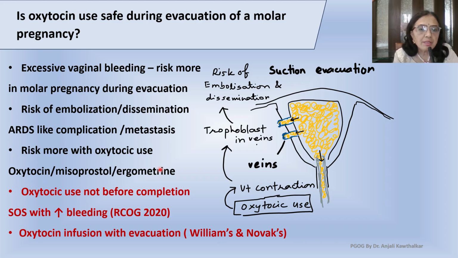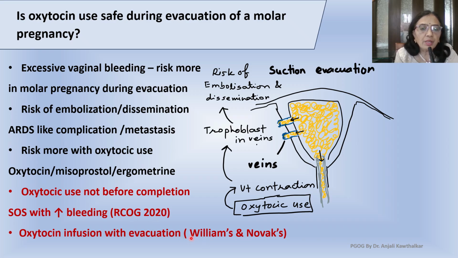So, for this reason, the RCOG 2020 guidelines say that oxytocin use is not recommended before completion of the procedure, and we use the oxytocin drip only if necessary, if the brisk bleeding starts. Till the time bleeding is not excessive, we don't use oxytocin as per RCOG 2020.